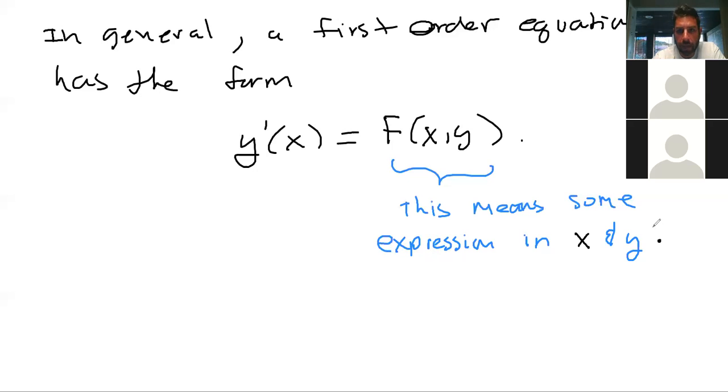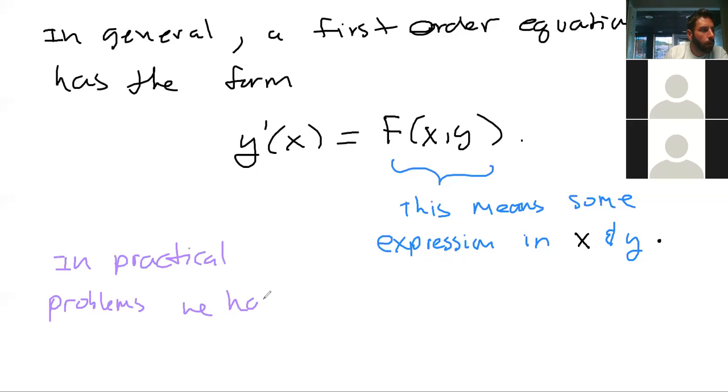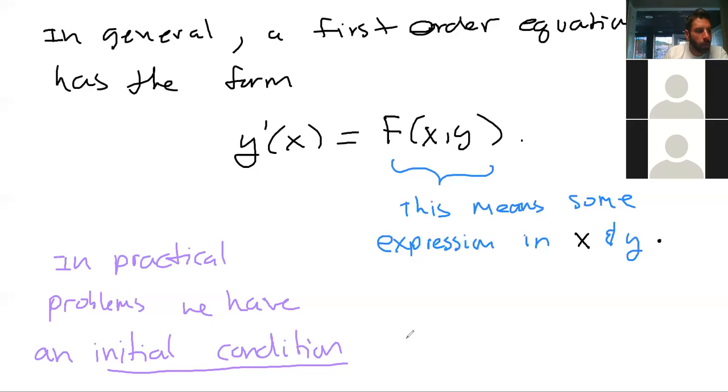And so in most practical problems, we have what's called an initial condition. And what does that mean? This initial condition might mean that we know at least one value of the unknown function.